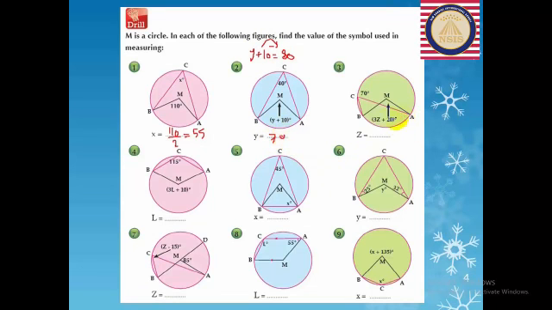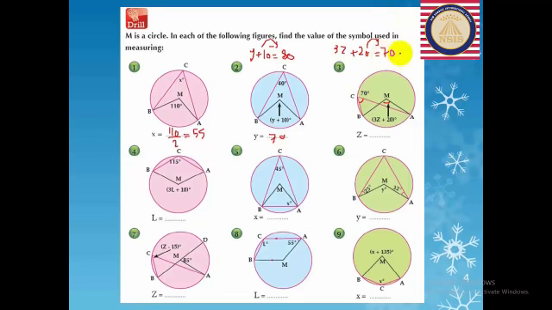Okay, let's see this one. Here I have the inscribed angle 70, so the central one is double, so 3z plus 20 equals 70. Wait, we didn't take care of this.